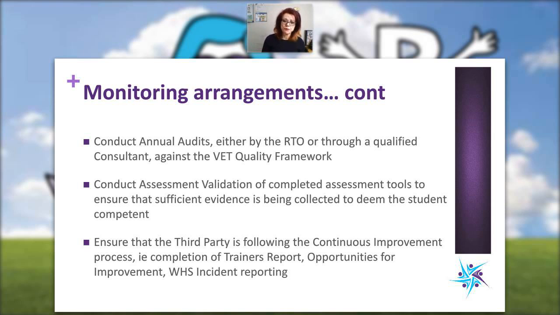Ensure that the third party is following the continuous improvement process, i.e. that they're completing trainers' reports, opportunities for improvement, that their students are completing quality indicator and feedback forms, and that you're collecting that and taking it back into the RTO, that they're doing WHS incident reporting as well, that the third party have a clear understanding of your complaints and appeals process, and that the students through the third party know what to do when it comes to submitting a complaint or appeal.